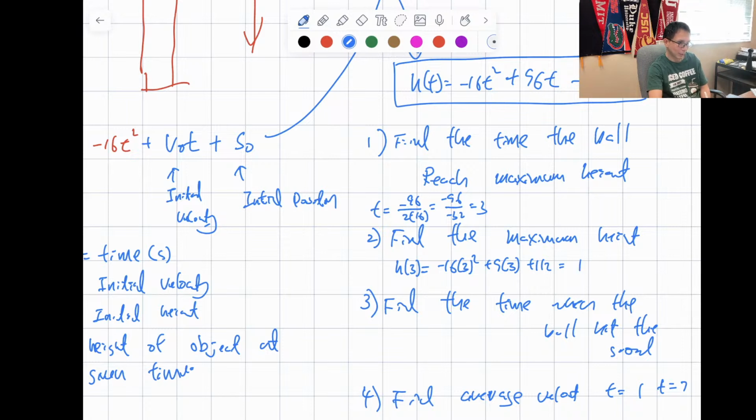That's going to be negative 144. Why? Because 9 times 16 is 144. Plus 96 times 3, I believe that's 288. Then 112. So those two together, 288 minus 144 is 144, plus 112, so 256.